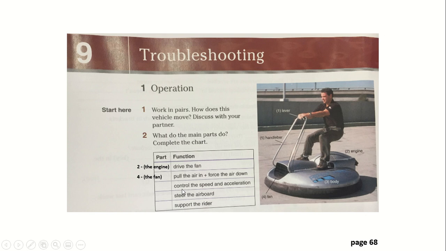And which part controls the speed and acceleration? Yes, it's the levers. And which part is responsible for steering the airboard? Steering is the direction, right and left. It's the handlebar. And finally, of course, which part supports the rider? It's the body.